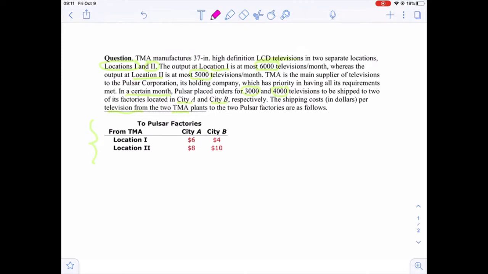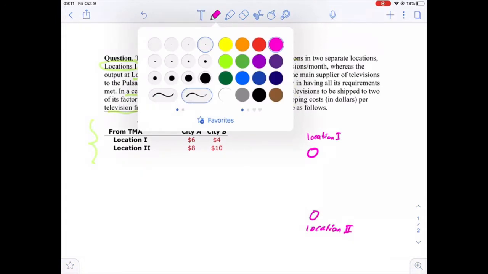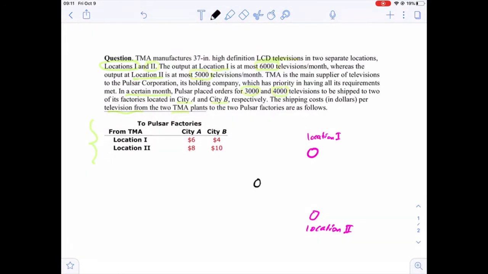So we have two locations. We have location 1 and we have location 2 to manufacture this type of TVs. And the products should be shipped to a factory in a city, let's call this city A, and to some factory in city B for Pulsar Corporation.